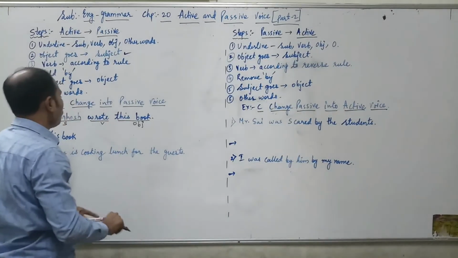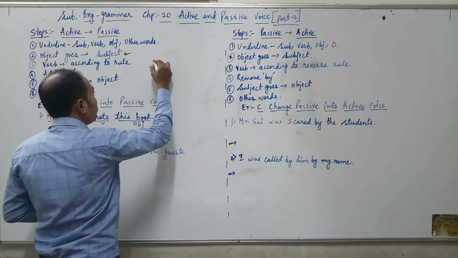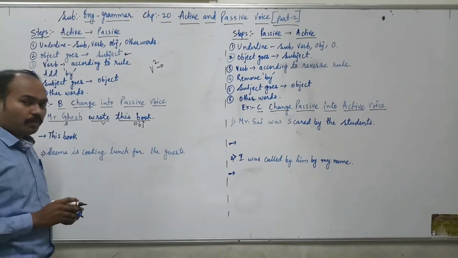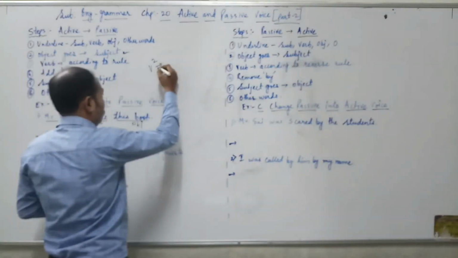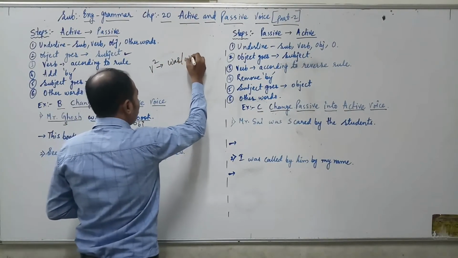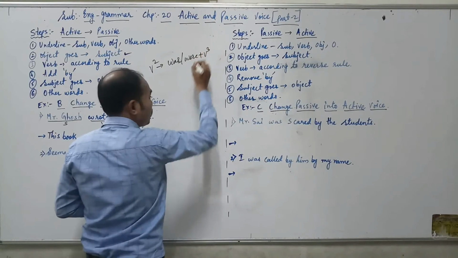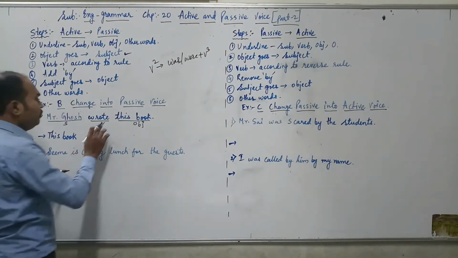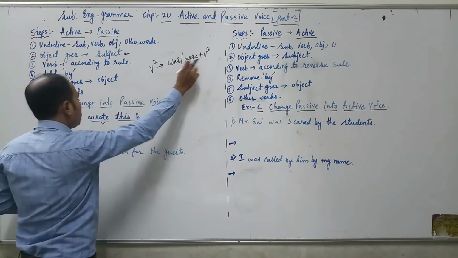So wrote is in which form? Wrote is in the second form of the verb. According to the rule of changing verb forms, V2 is changed into was, were plus V3.